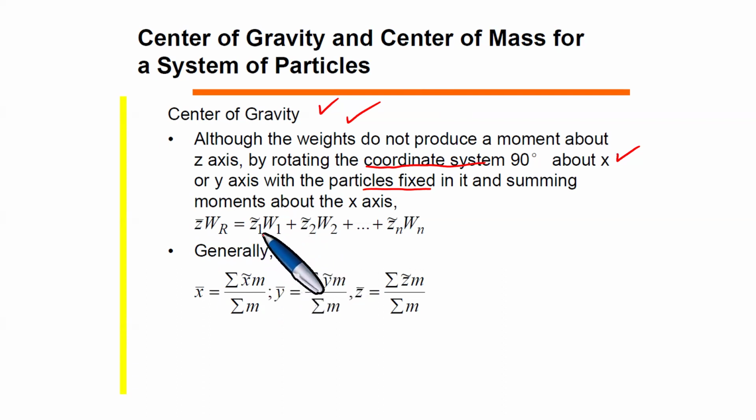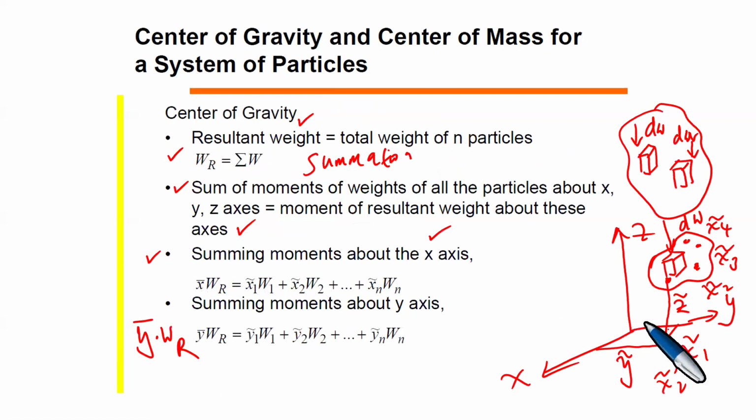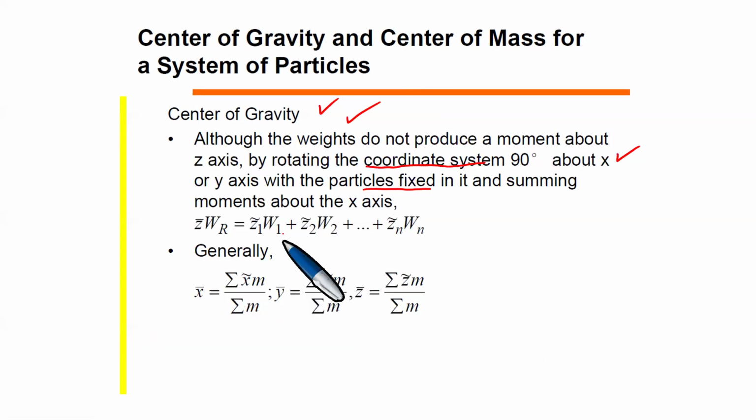What is this z1 tilde? It's the position of that particle along the z axis, and as a consequence it is multiplied by its weight. Particle 2 has its own position, z2 tilde times w2, plus dot, dot, dot, and then the nth one, zn tilde times wn.